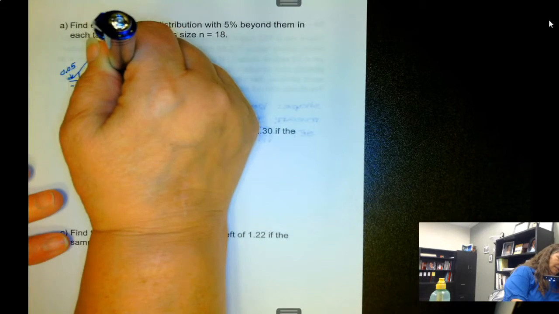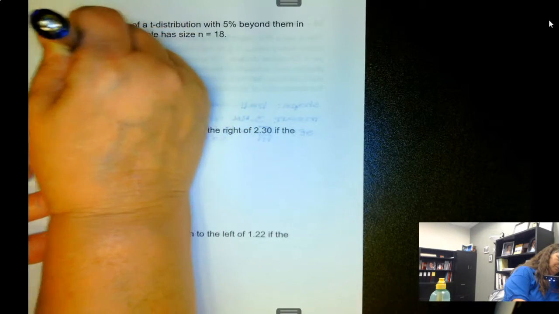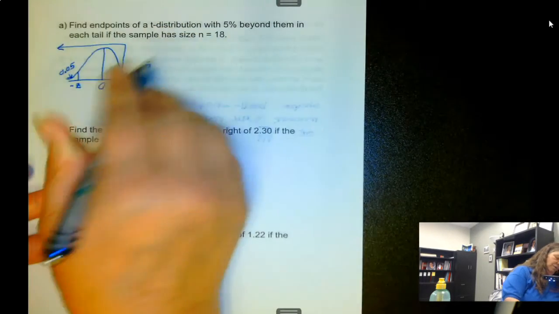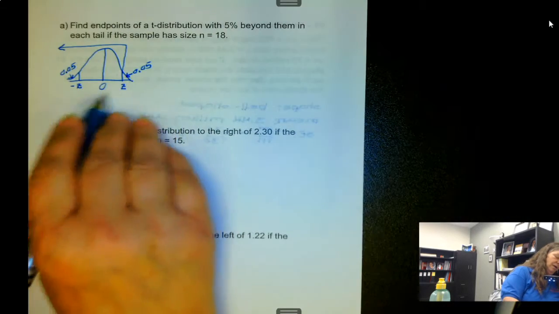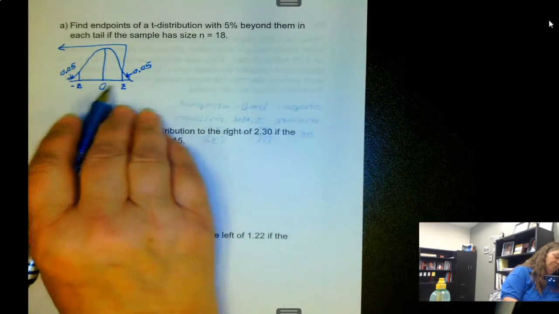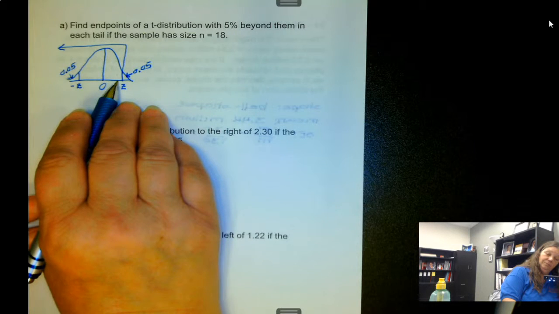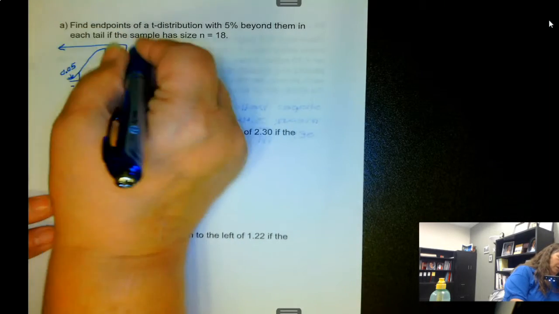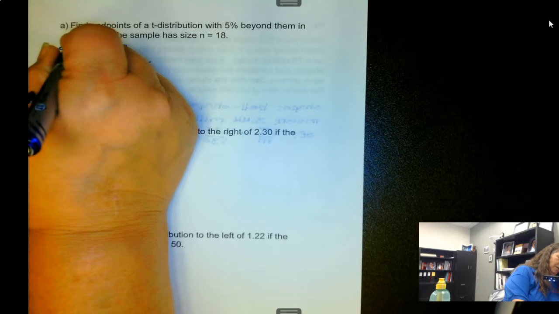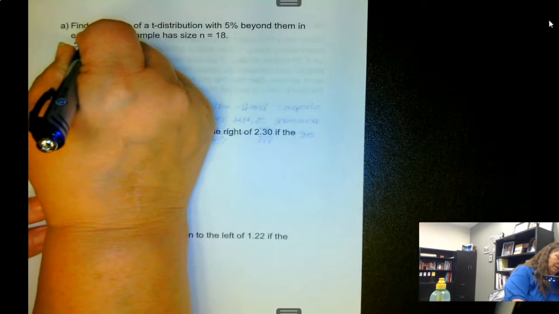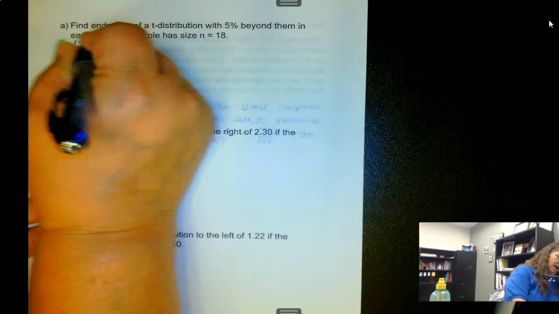So basically, we need this whole area. So this whole area is going to be 1 minus 0.05.